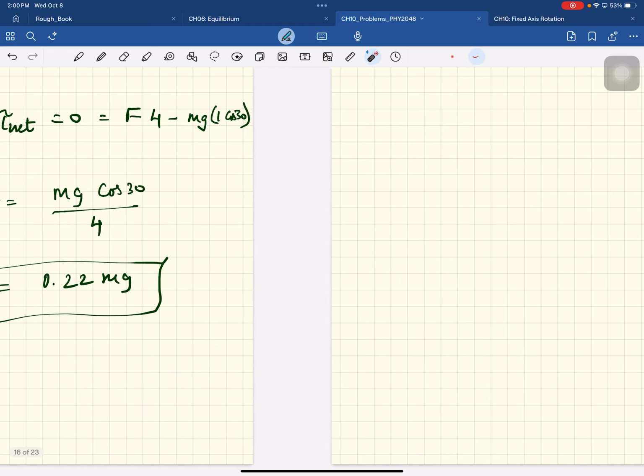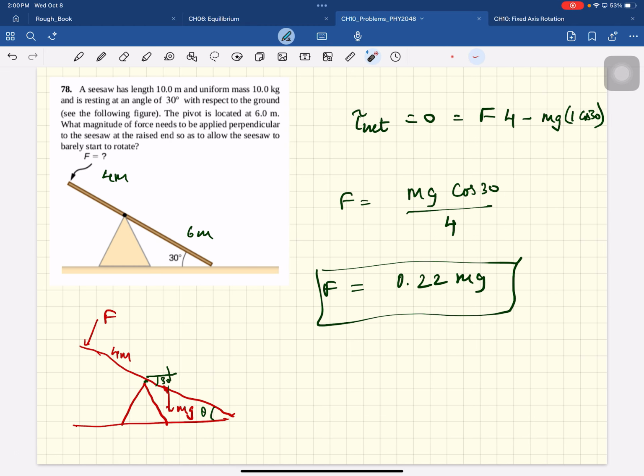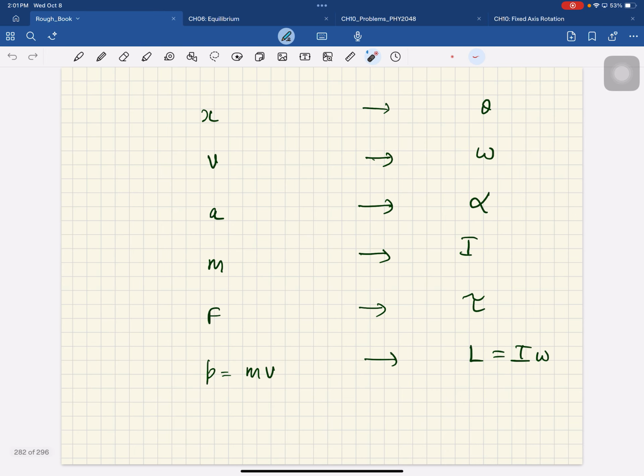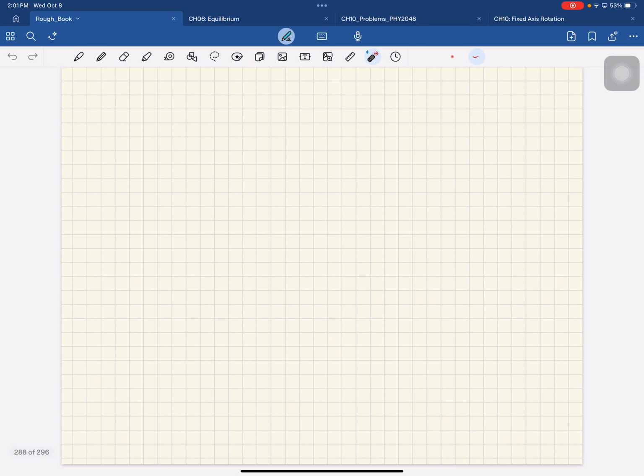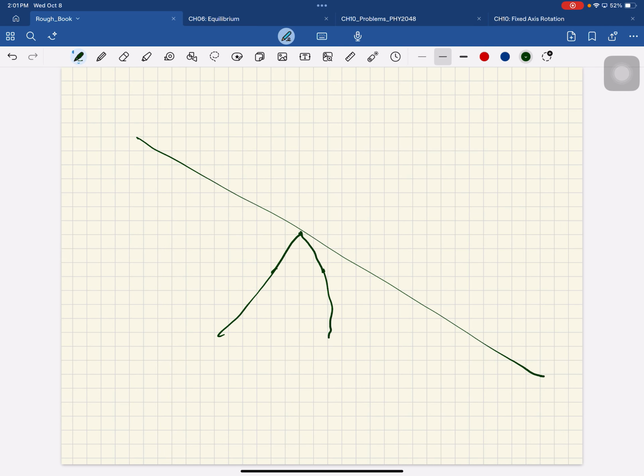How did you multiply the mg times the 1 times cosine 30? Okay, let me do a bigger diagram. So there was the pivot point, and here is mg.